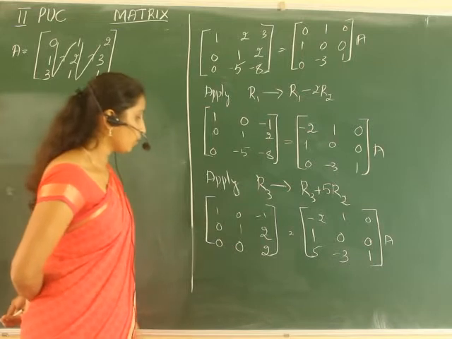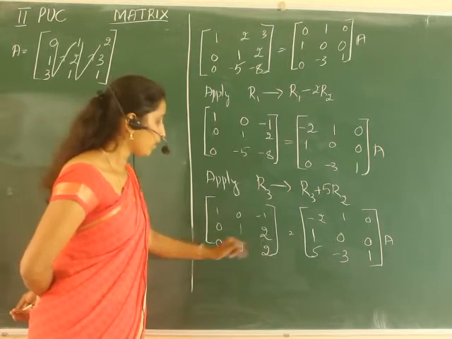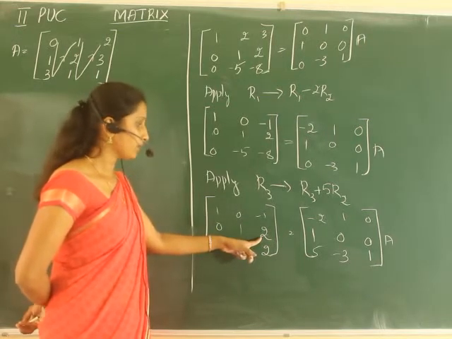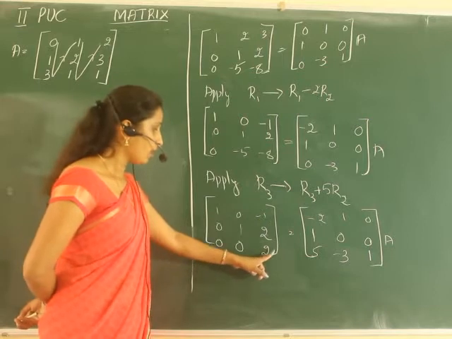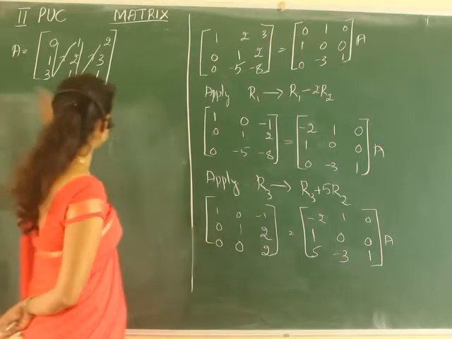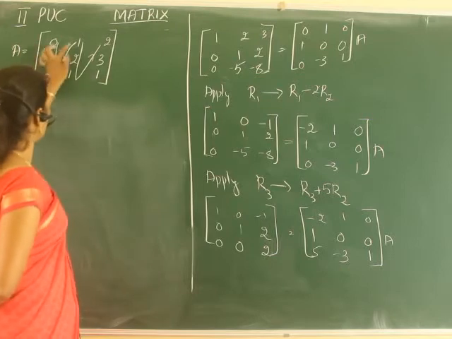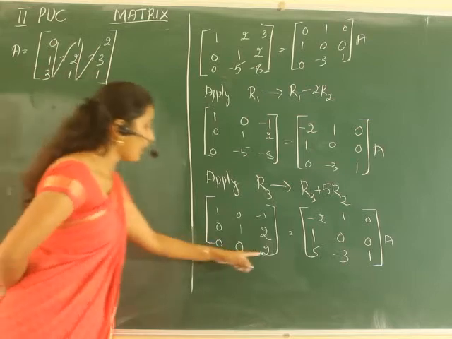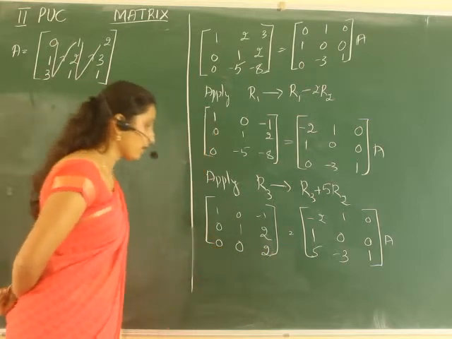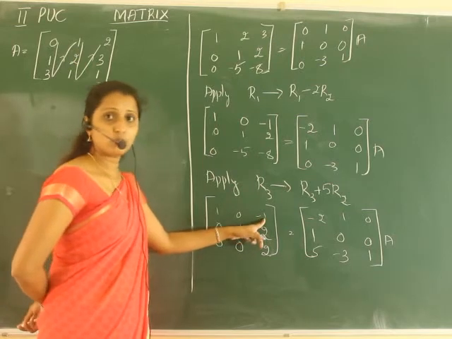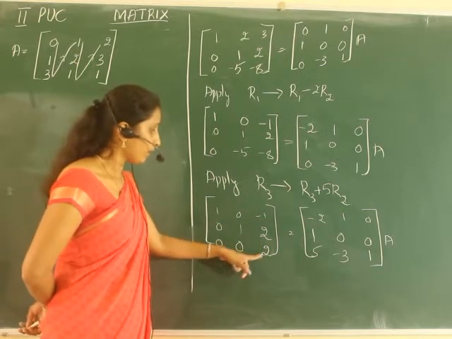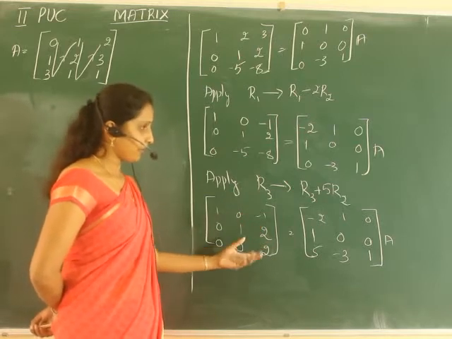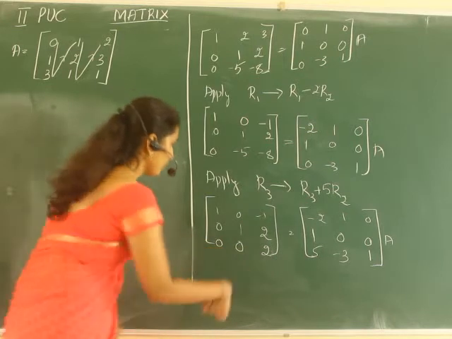I have to use one more row. If I multiply this by something, we won't get 0 easily. Either the same pattern you can follow, or I can go from here also. So what I'll do is change this to 1, because if I wanted to change this to 0, I would have to use one more row. But with one more row, if I multiply by some value, I won't get a 0 easily. So I have to multiply by half. So I'll change this to 1.